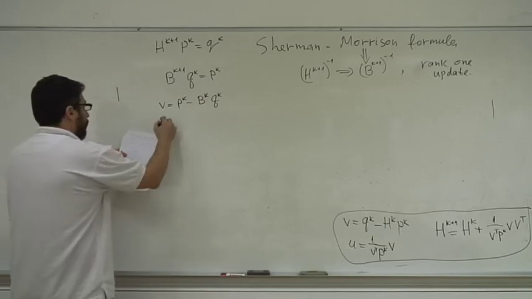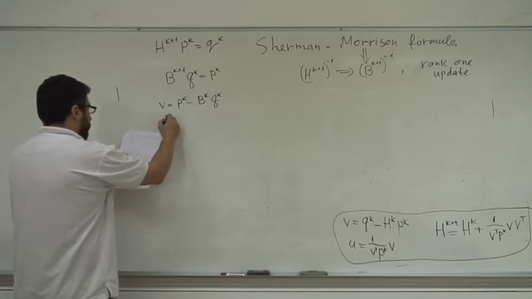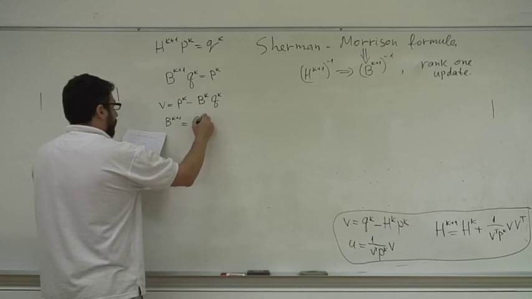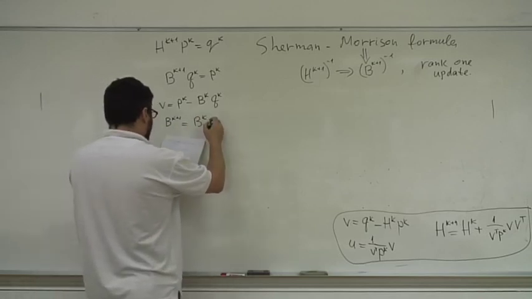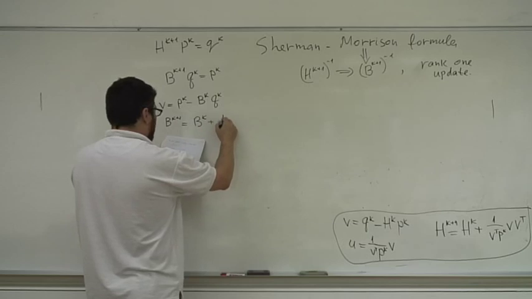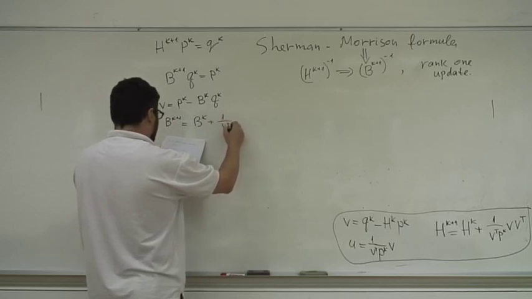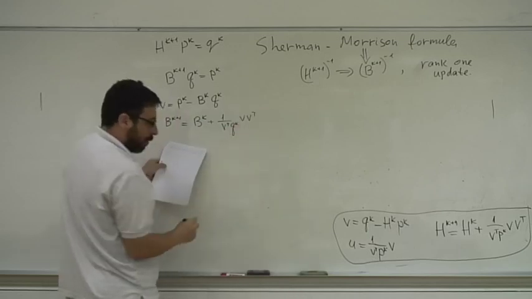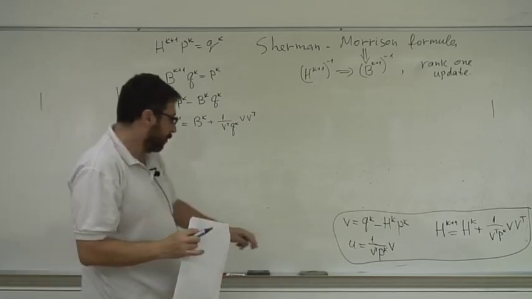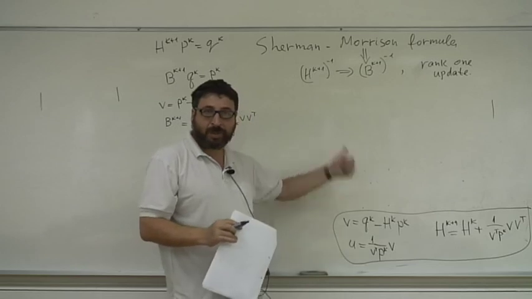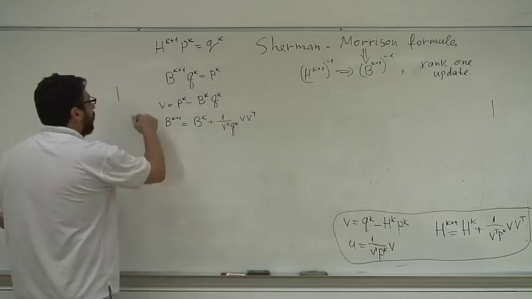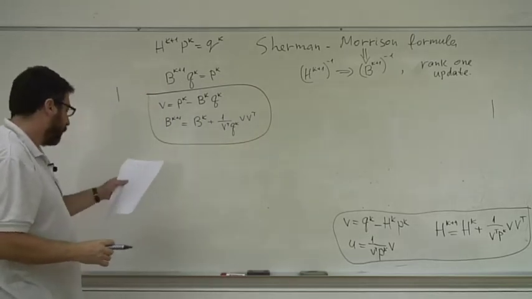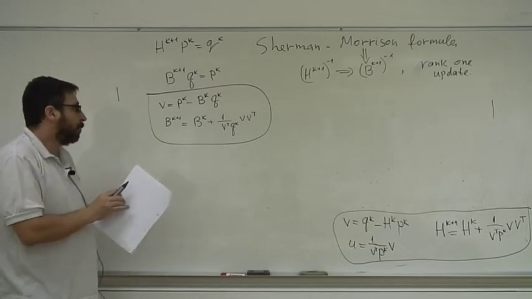And BK plus 1 equals BK plus 1 over V transpose QK, V transpose. Actually, we don't need U now. U is only auxiliary in our derivation. So this will fully express our update.